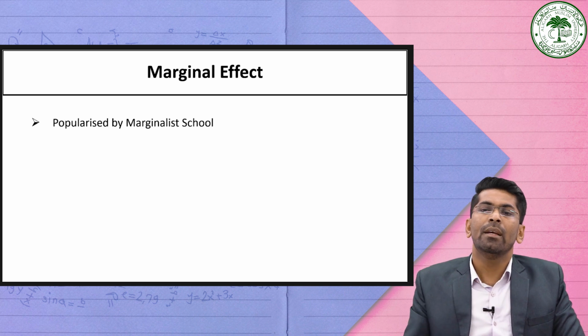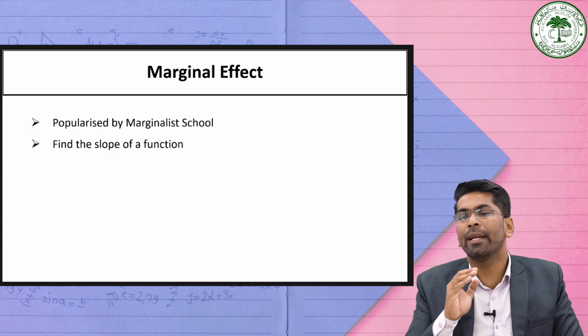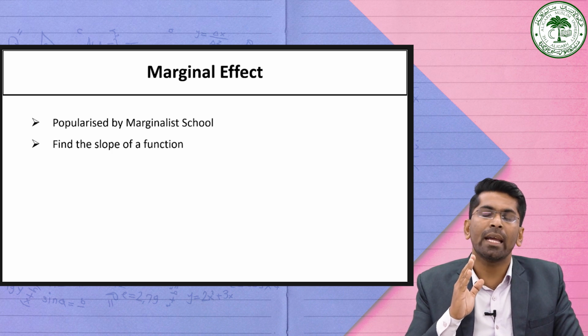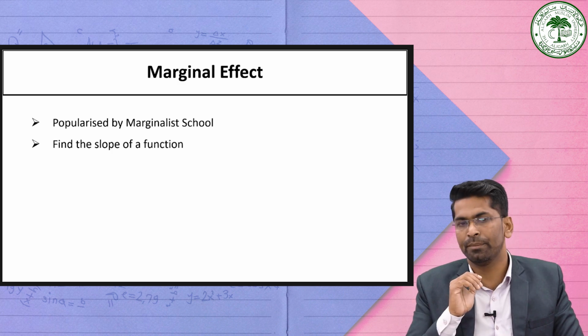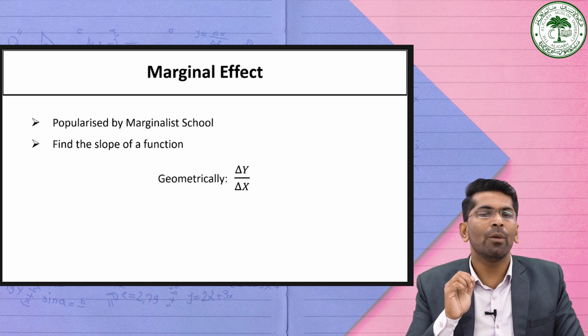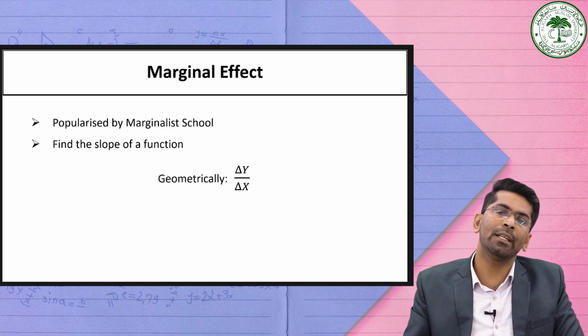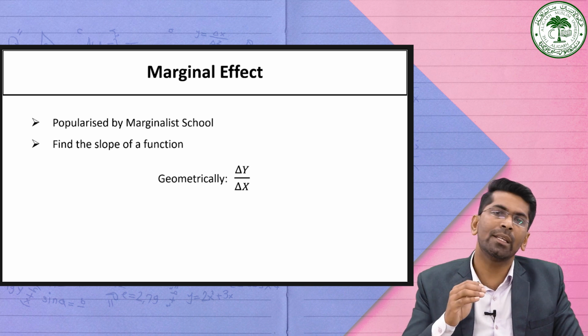So the marginal concept helps to find the slope of a function, and it shows how much change is happening in one variable due to changing another variable. Geometrically, it is delta y by delta x, that is, the amount by which the y coordinate of the point on the line changes when the x coordinate is increased by 1 unit.